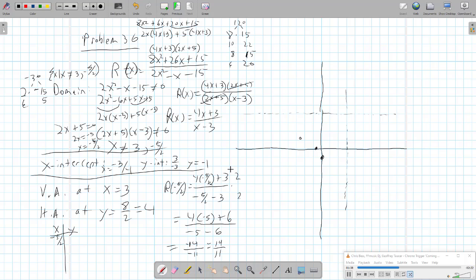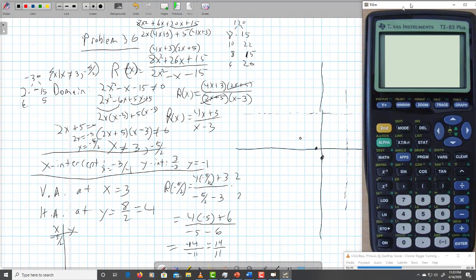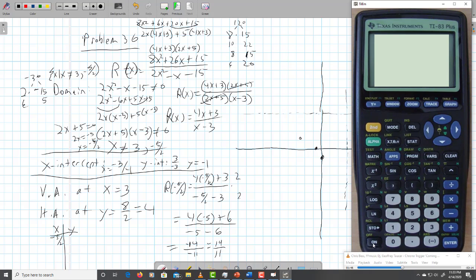Rest of this is just plotting. So let's grab our grapher and have it calculate some points for us. I'm going to plug in this version. It's just simpler to plug in, less typing.